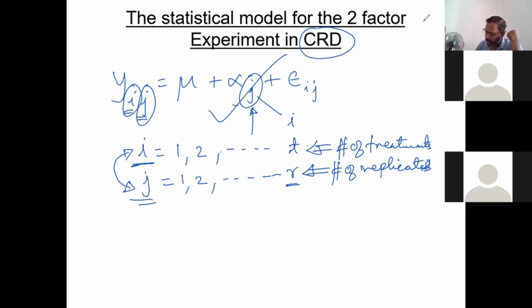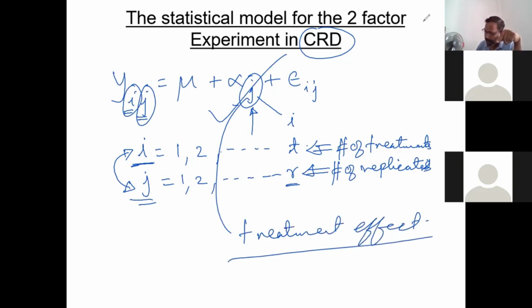So this is called the treatment effect. If we consider the treatment effect as j, then we'll have to define j as the number of treatments. So we'll have to be careful with this i and j.